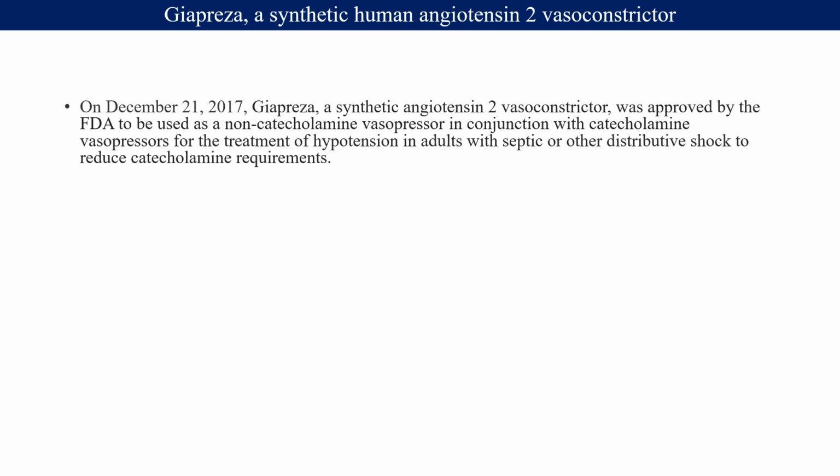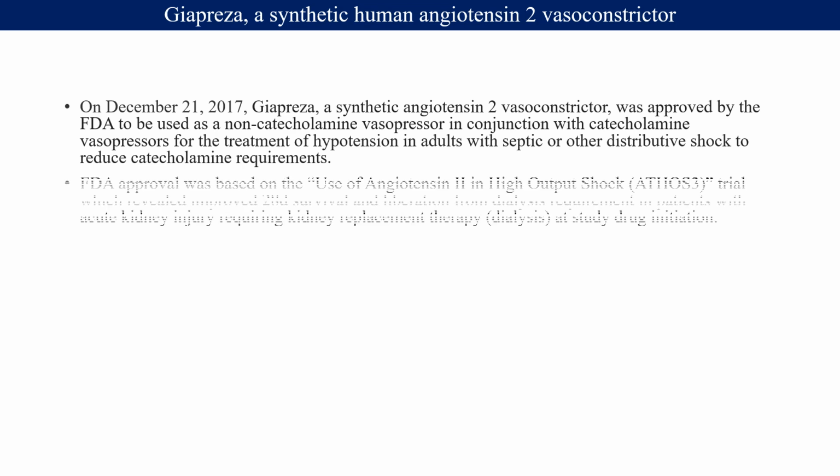So far, we have only discussed the negative effects of angiotensin II and its pharmacologic inhibitors. On December 21, 2017, Giapreza, a synthetic angiotensin II vasoconstrictor, was approved by the FDA to be used as a non-catecholamine vasopressor in conjunction with catecholamine vasopressors for the treatment of hypotension in adults with septic or other distributive shock to reduce catecholamine requirements.